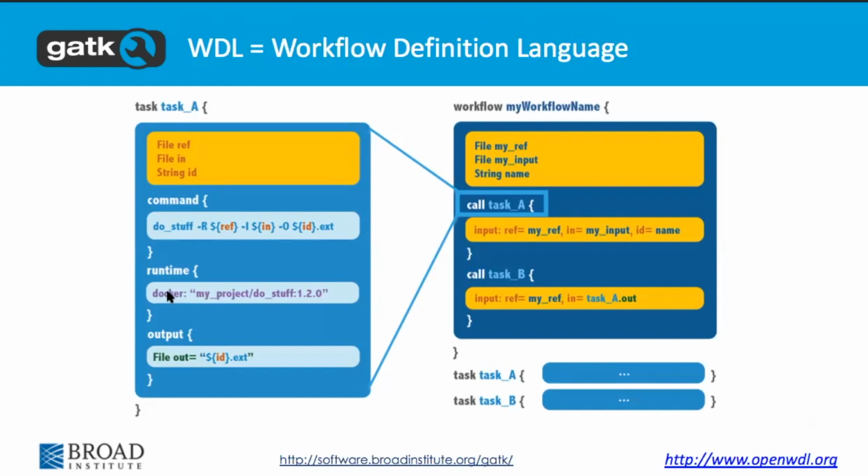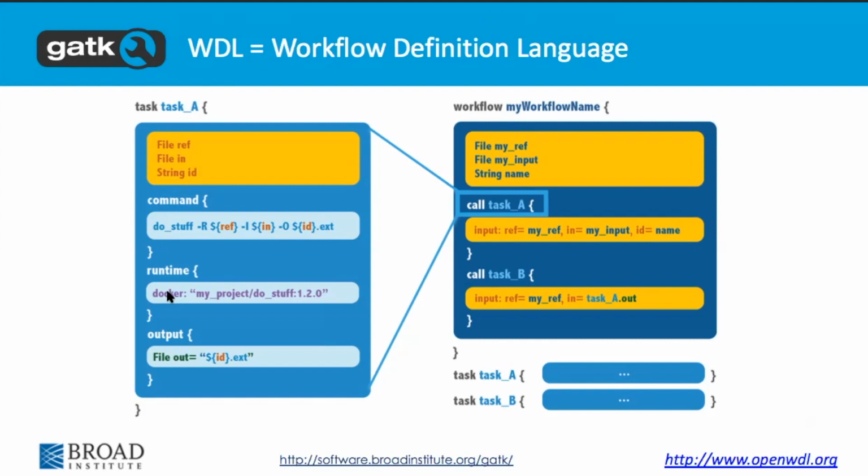So the basic structure of the WDL looks like this. On the right, on top is your typical WDL workflow. You have a unique name that will be used for referencing this workflow. On the top you have a list of inputs, and these inputs are typed.